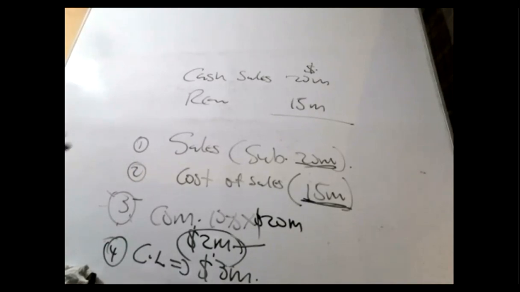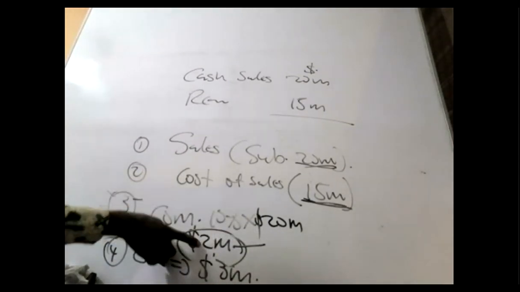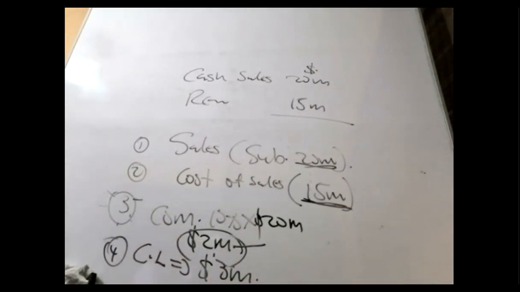Good. It must balance because all the debits must balance, all the credits must balance. Because if you add these two together, commission has a credit balance too. Can liability have a credit balance too? Good. Add them together, get your 5 million. Good.